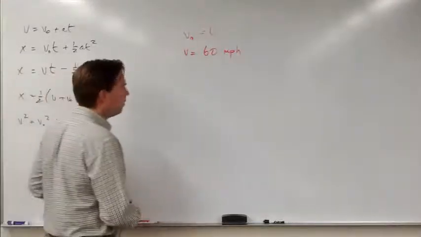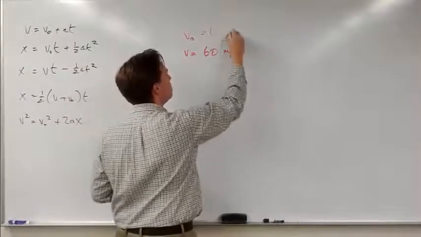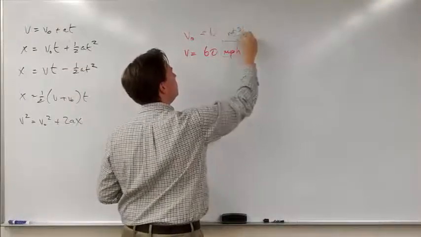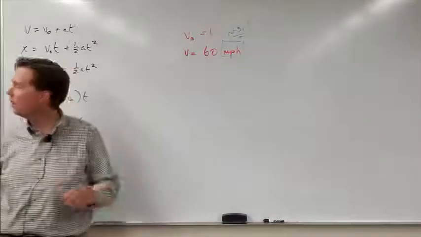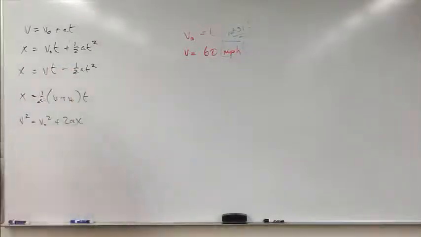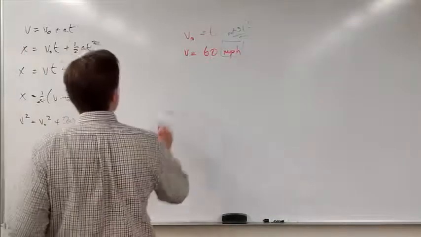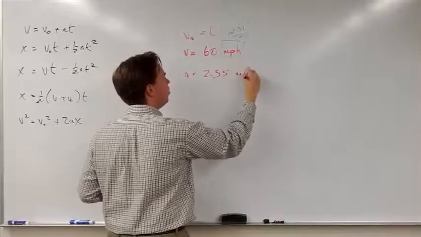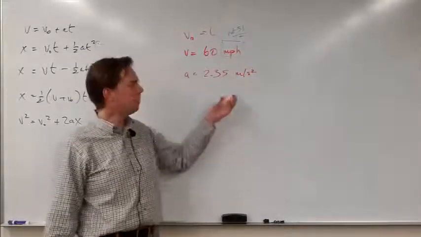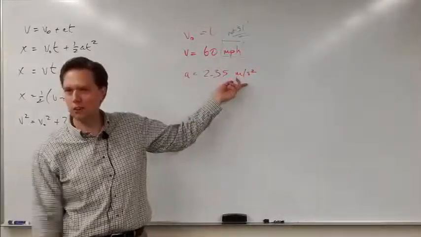These are not SI units, so we have to convert these. Let's set that aside for a second. The acceleration is 2.35 meters per second squared. That is in SI units, so I'm not going to have to worry about that one.